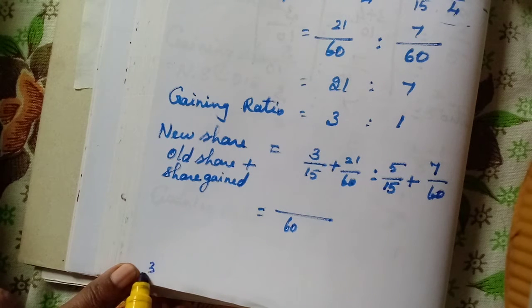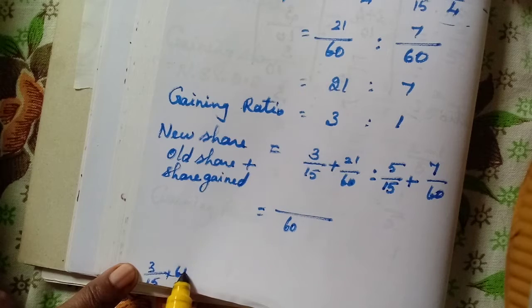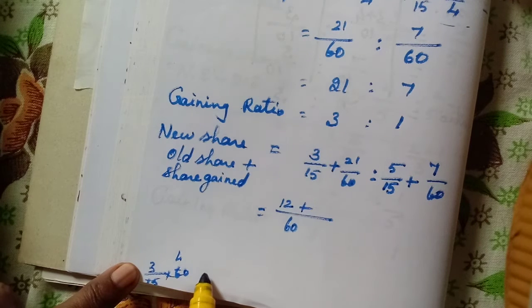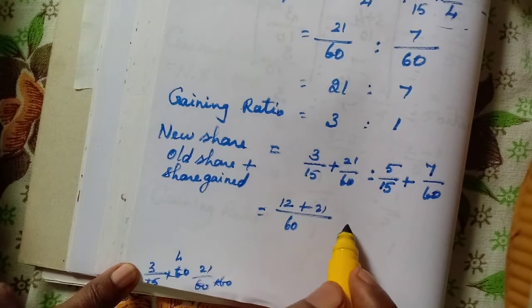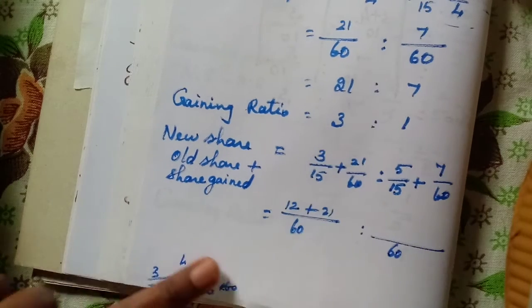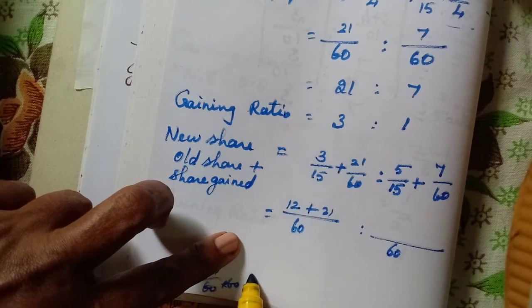Okay, 3/15 into 60. How many 15? 4. So 4 3s are 12 plus next fraction 21/60 into 60. Cancelled. So 21 is 2. Here also LCM 60. 5/15 into 60.